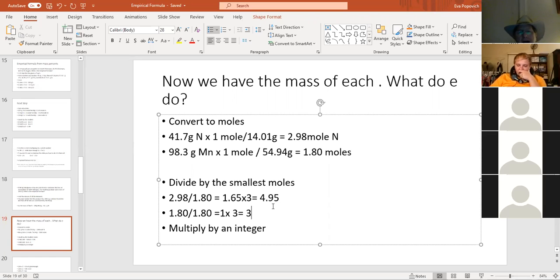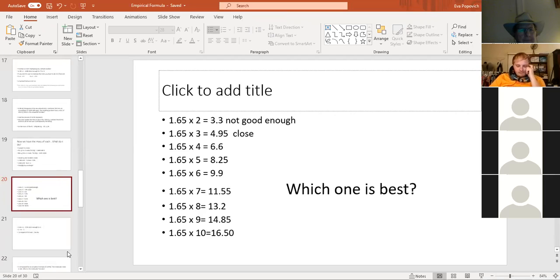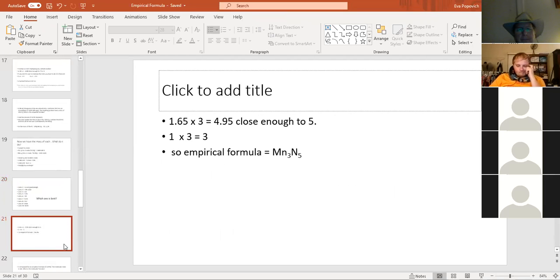So now I've got my molar ratio of 5 to 3. My nitrogen is going to be 5 and my manganese is going to be 3. So my overall empirical formula is Mn3N5.